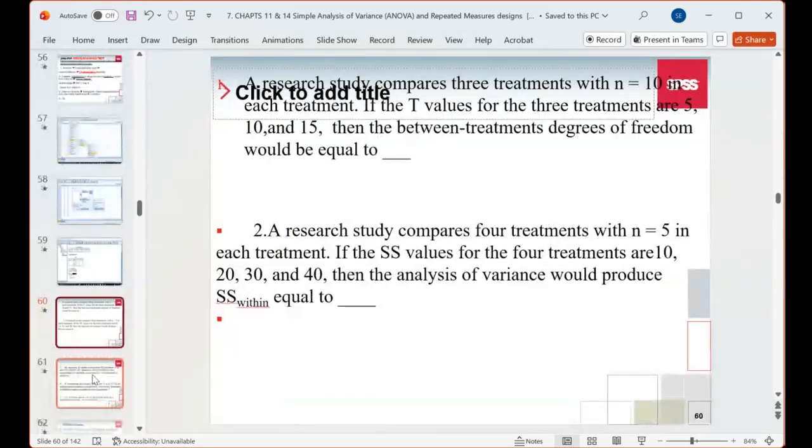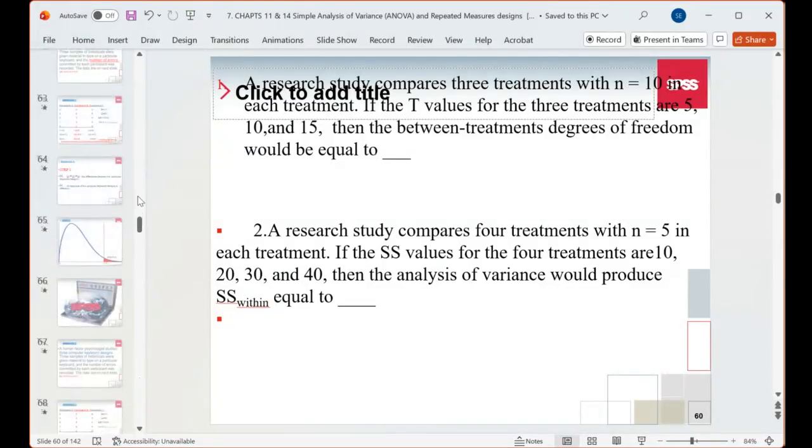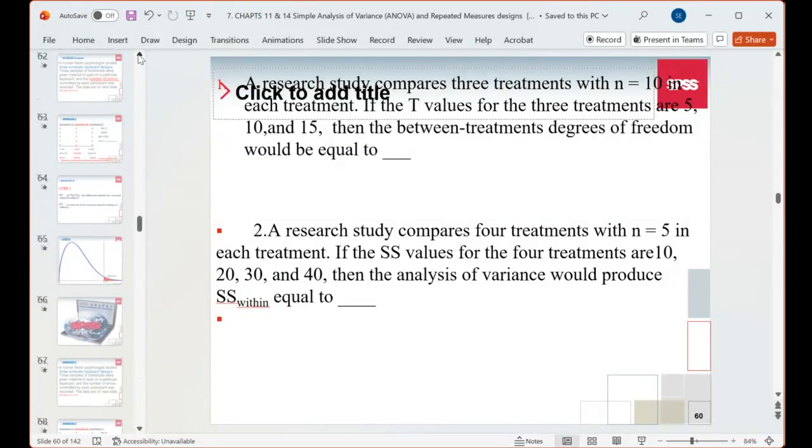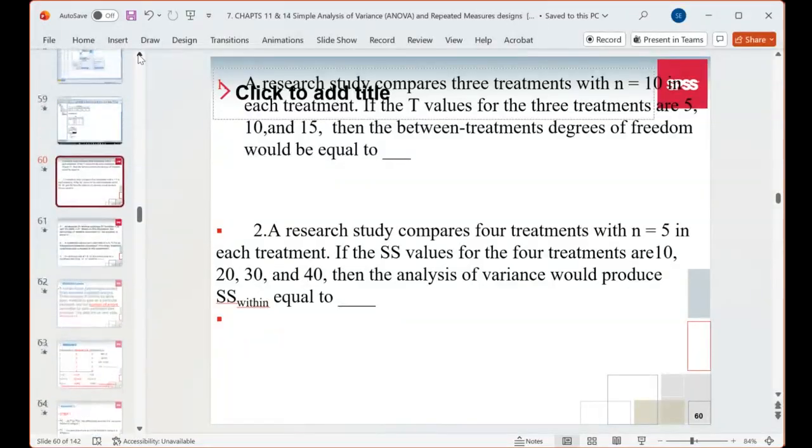The questions are very simple, and if you do them and send them to me, you get extra points, which would help your grades. But again, they're not going to be a substitute for your SPSS assignment. Just read what the question is asking you.